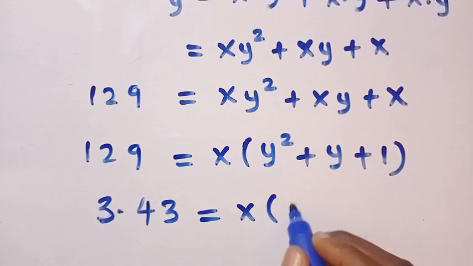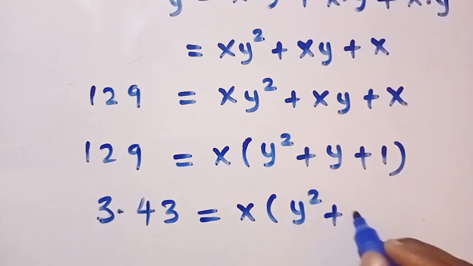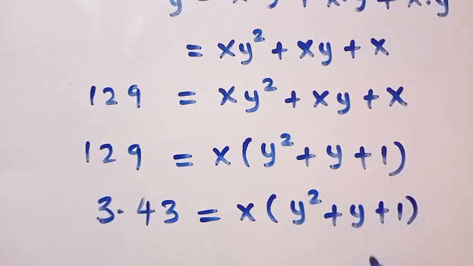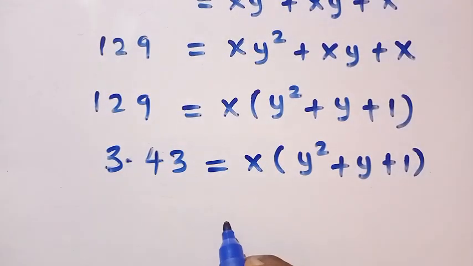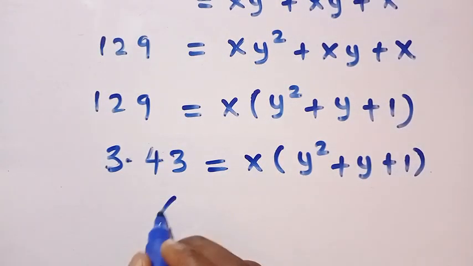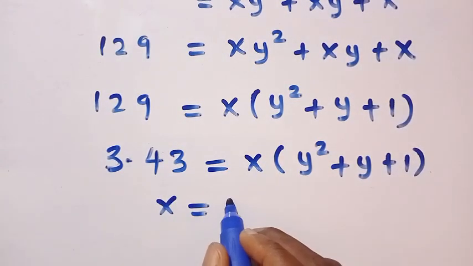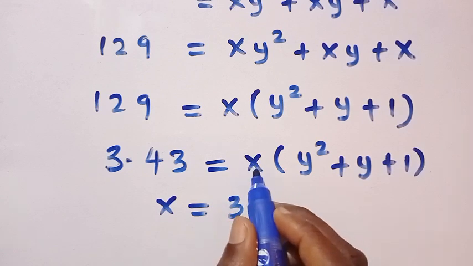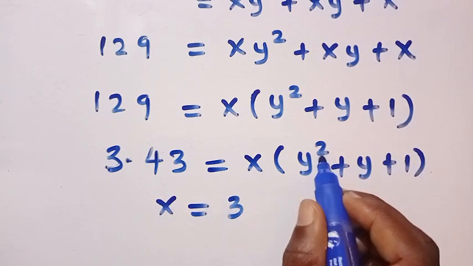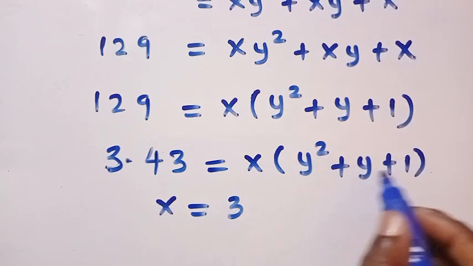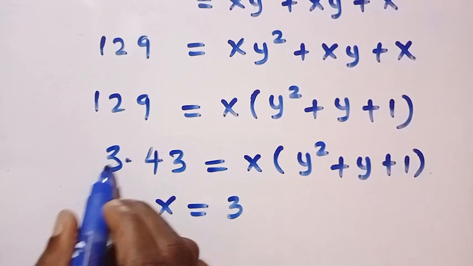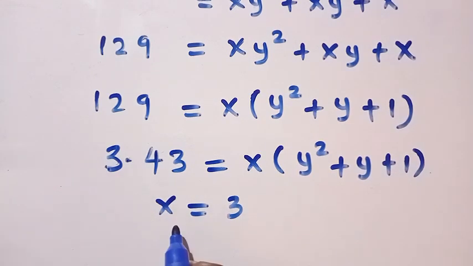Then everything equals x times y squared plus y plus 1. And let's try and compare this. Suppose I let x equals 3, because x here is always less than y squared plus y plus 1. So we are going for the smallest number here, which is 3.